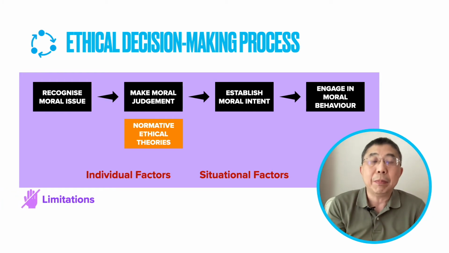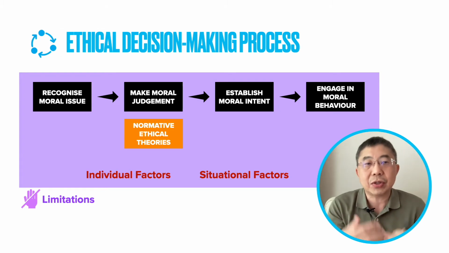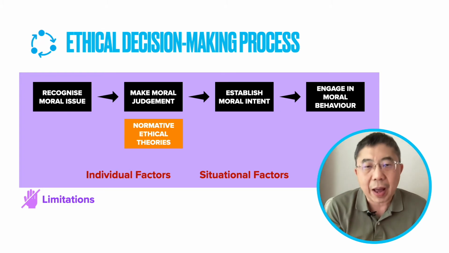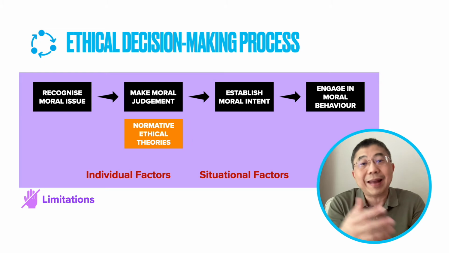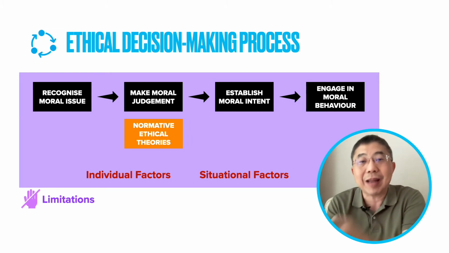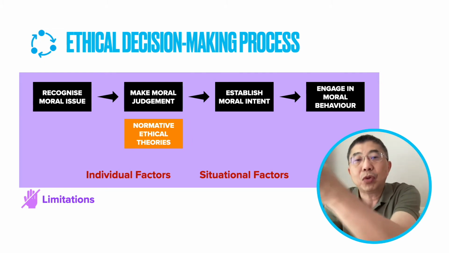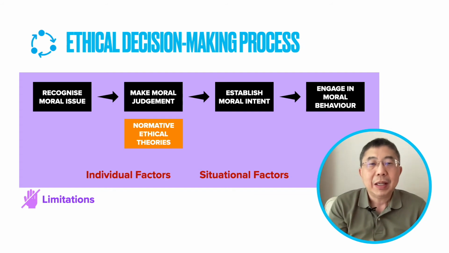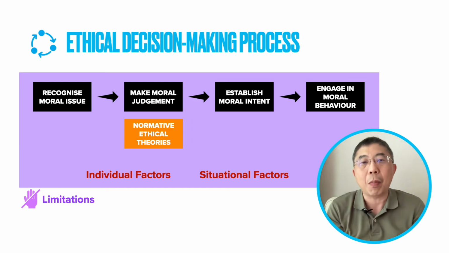Now we have to bear in mind that there are limitations to this ethical decision model. It's a very simplified model. In real life, we may not think in that linear manner, step 1 followed by step 2, followed by step 3. In real life, we could be doing all these simultaneously in our mind.